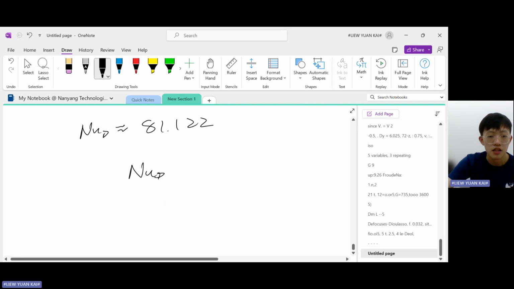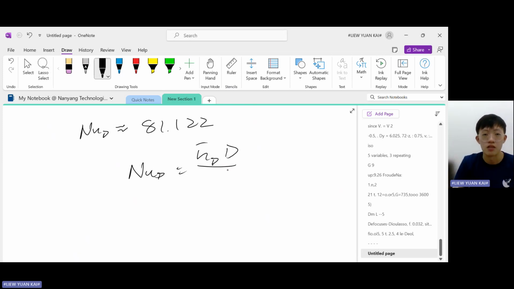Always remember the Nusselt number relates to the heat transfer coefficient using this formula. Nusselt number and h have a very intimate relationship, and they are always related by this formula.